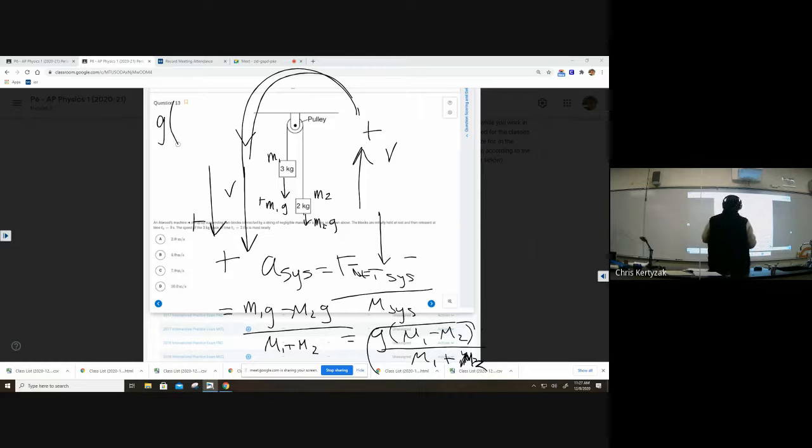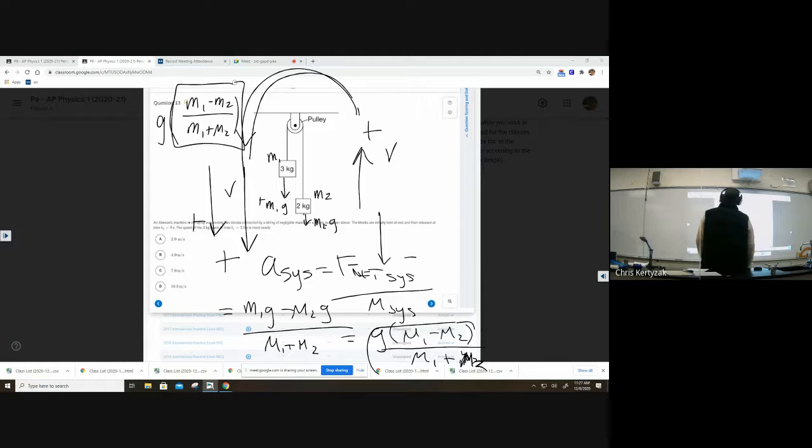They said any system that's moving just due to gravity can only move with an acceleration that's less than g, which is why when you're looking at the numerator, m1 minus m2, and then the denominator is m1 plus m2, the denominator will always be bigger than the numerator, right? The addition of two numbers will always be bigger than the subtraction of those two numbers, which means this thing as a whole is always a number less than 1, like 5 divided by 8.